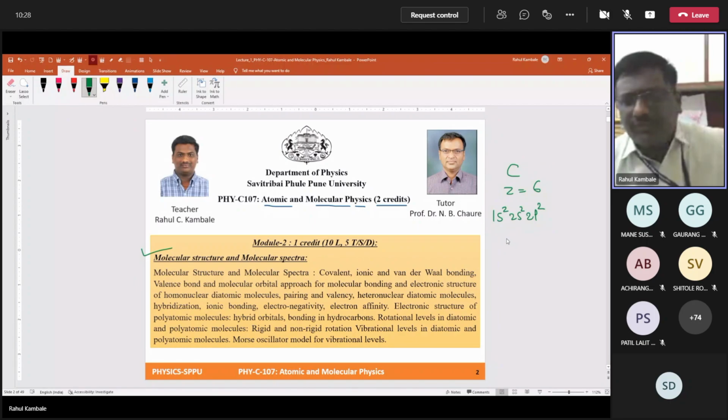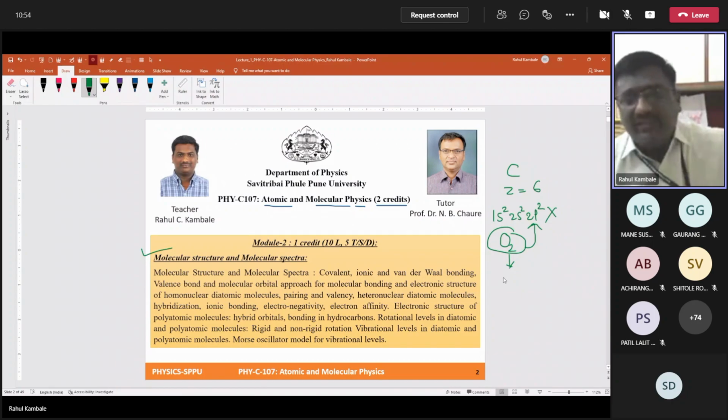But suppose I ask you to write the electronic configuration for the oxygen molecule, O2. We can't use this one, because it is related only to atoms.